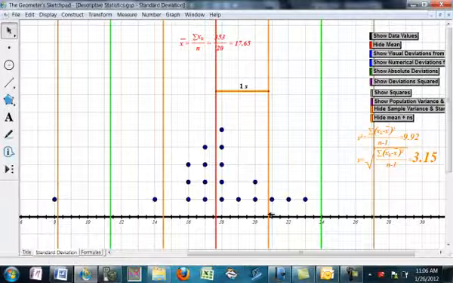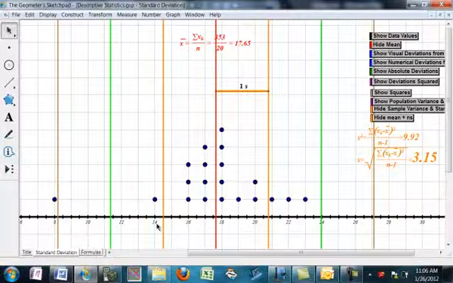That's the mean. And the value where the orange line on the right hits the axis is x bar plus 1s. So right now that would be 17.65 plus 3.15, which is 20.8. And this orange one over here is 1 standard deviation below the mean.